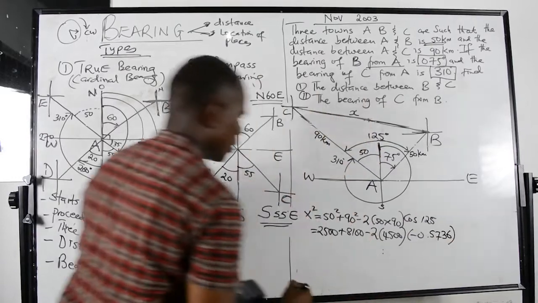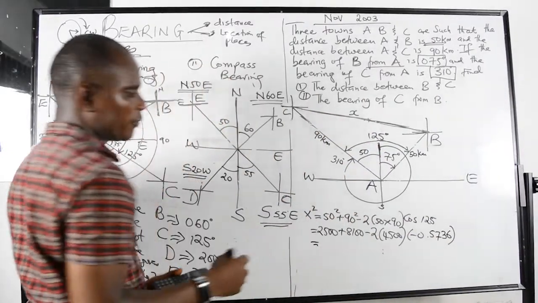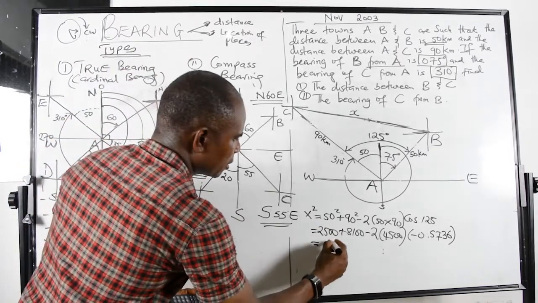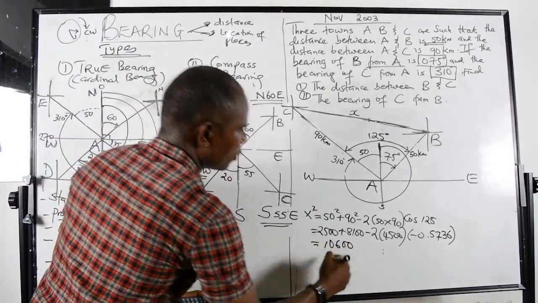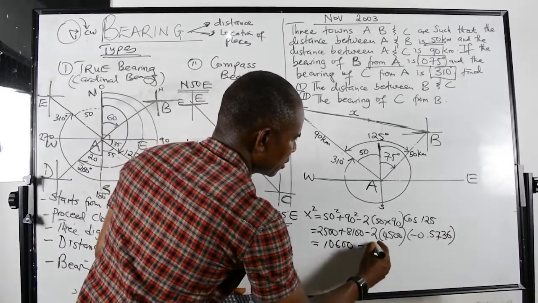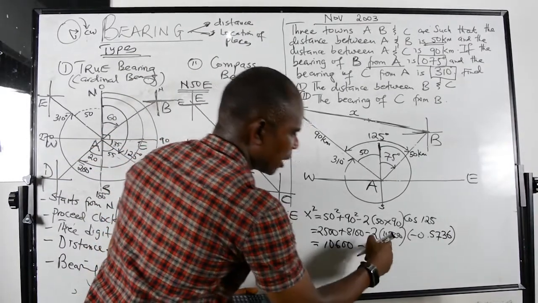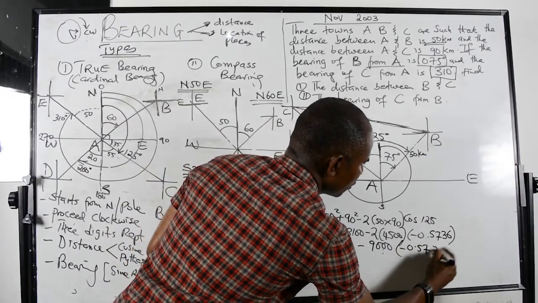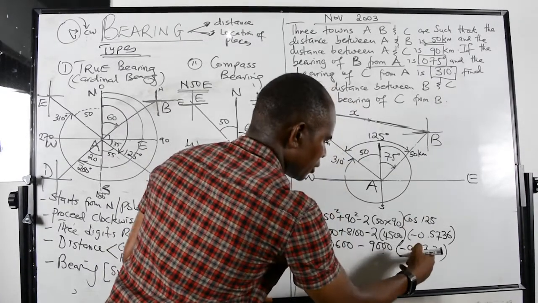So now as usual, you have to be careful here. So we add here, this is 10,600. There we have minus 9,000 times minus 0.5736. If you punch this on your calculator, you get a figure.